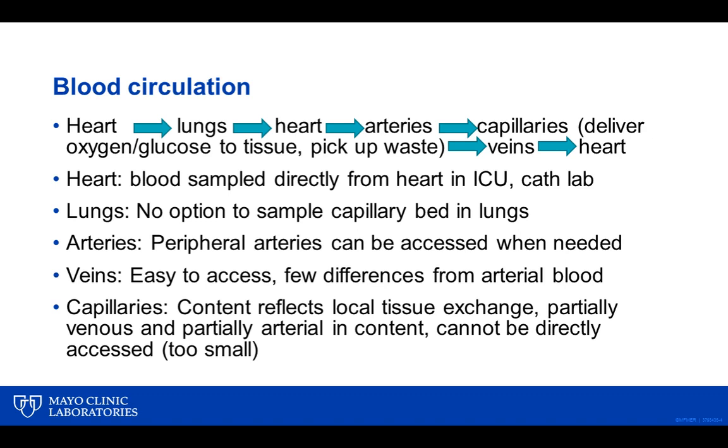But we need to remember we cannot directly sample capillaries. Capillaries are too small. We can go to tissues that have highly concentrated capillary beds in them, like the fingertip. The ear is one, the heel of an infant. But we're not directly sampling a capillary.